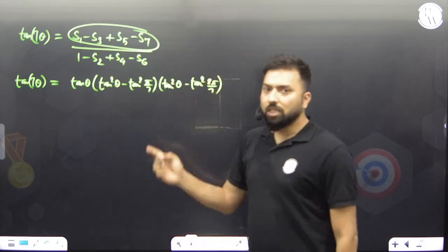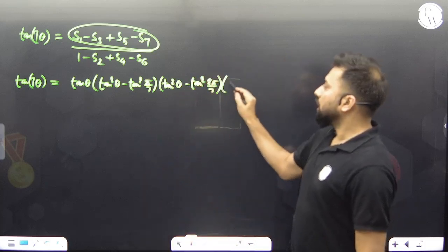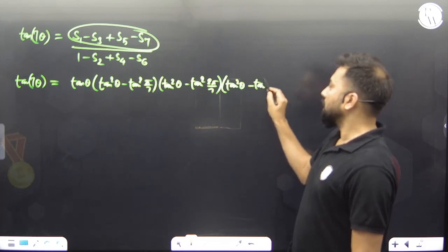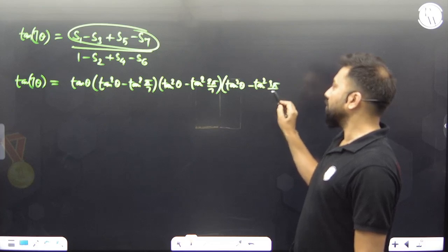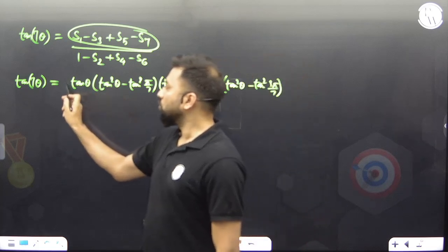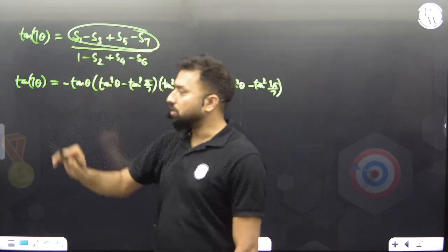This we have discussed in the earlier method, into tan square theta minus tan square of 3 pi by 7, right? And negative of this was equal to the numerator, right?